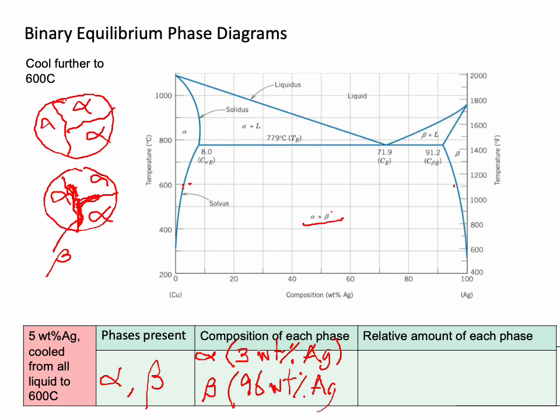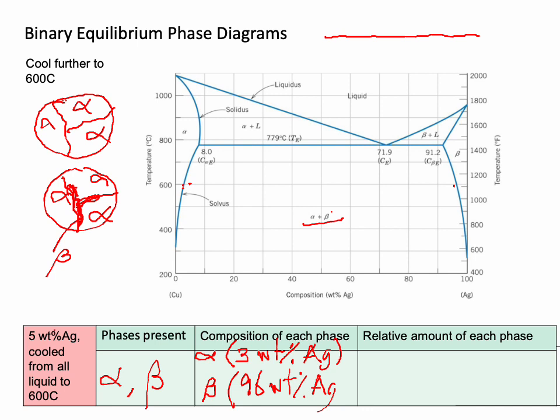Okay, now the relative amount of each phase, in order to calculate that, I use something called the lever rule, which we just began to look at last time. So how I do the lever rule is I draw a lever, a line. The fulcrum will be at my composition of my material.